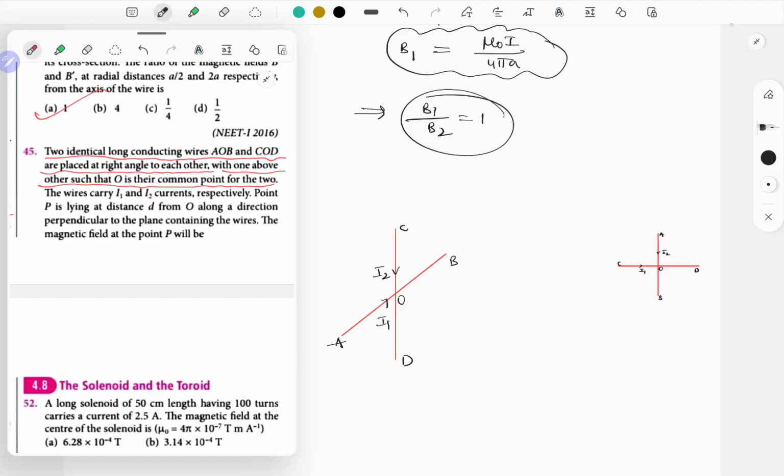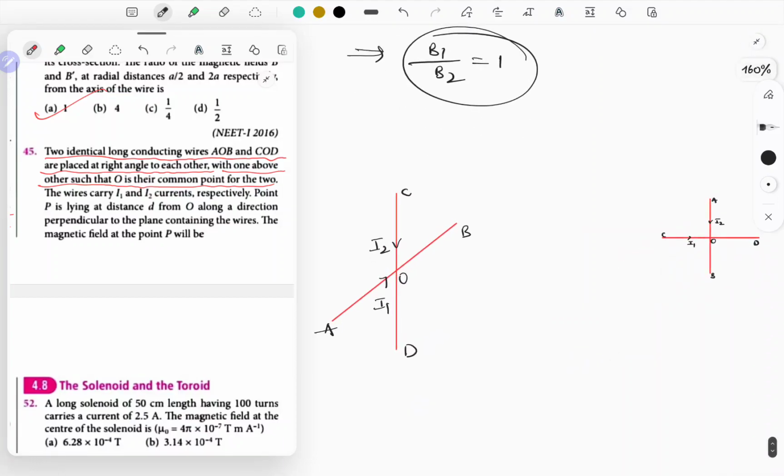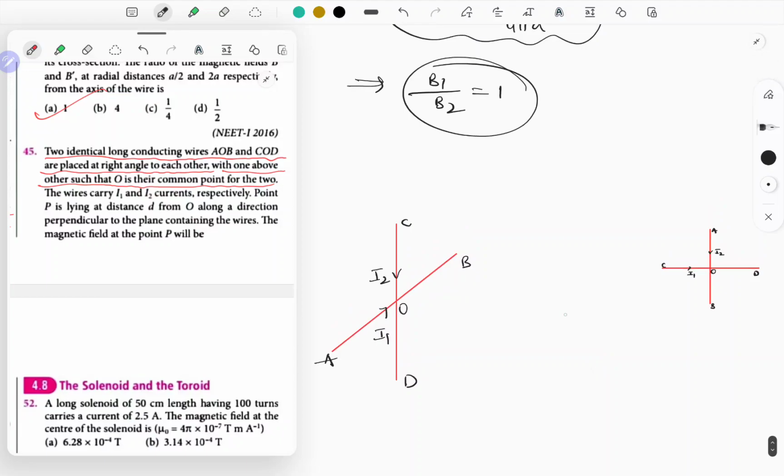Okay. Observe these diagrams. The question is a little different. What you have to do is place two pens like a plus symbol, and from the center, perpendicular to those two pens, you have to find the magnetic field at a distance. So this is where they are asking the magnetic field.